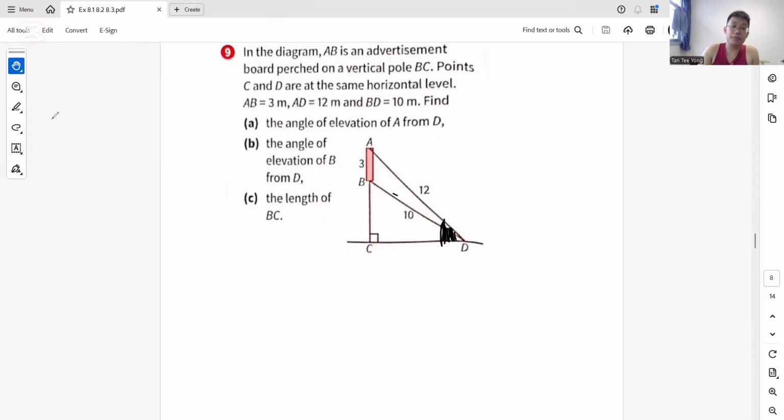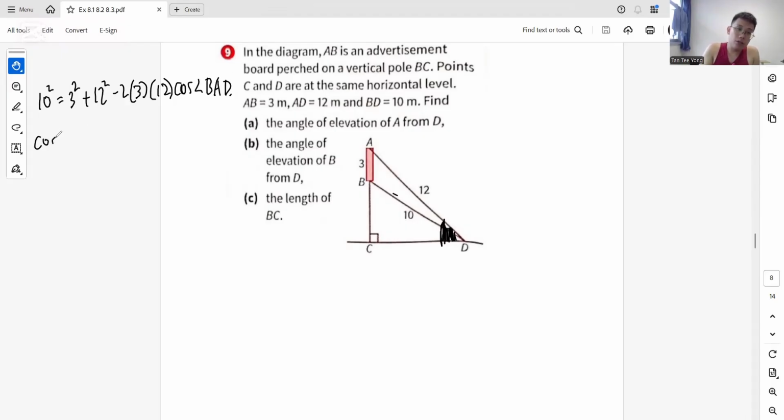All right, so 10 squared equals 3 squared plus 12 squared minus 2 times 3 times 12 times cosine angle BAD.